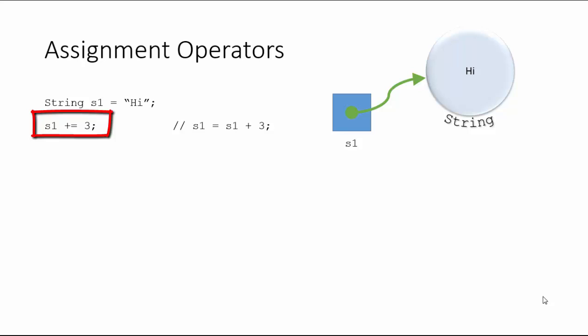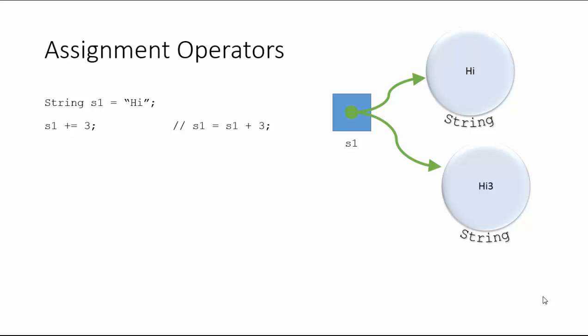This shortcut operator will convert the integer 3 into a string object and then concatenate the contents of s1 with the string 3. The new object is created with the characters hi3 and its address is now placed back into s1. Garbage collector comes by and deletes the original object from memory.